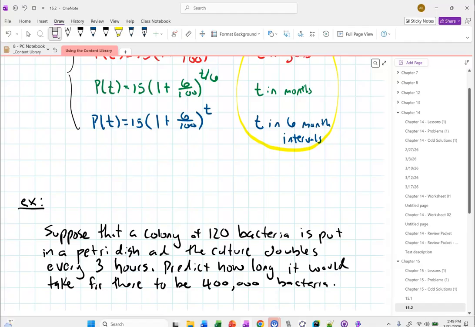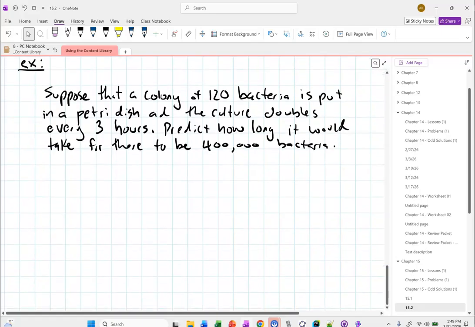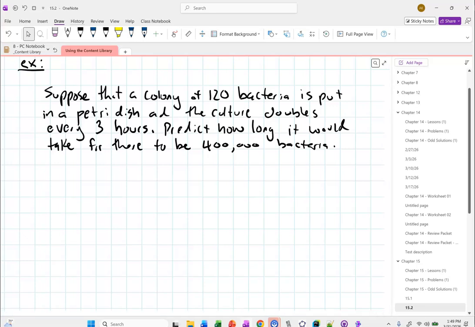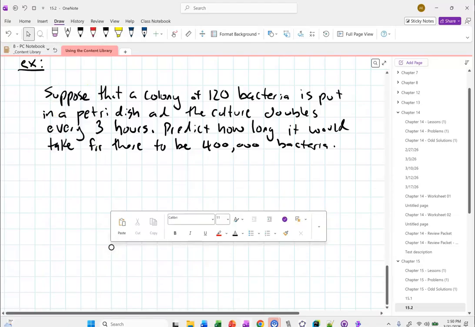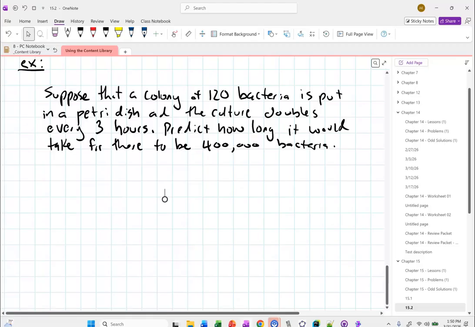Okay, so this one says, suppose that a colony of 120 bacteria is put into a petri dish, and the culture doubles every 3 hours. Predict how long it would take for there to be 400,000 bacteria. Everybody clear that we're talking about a population here, right?